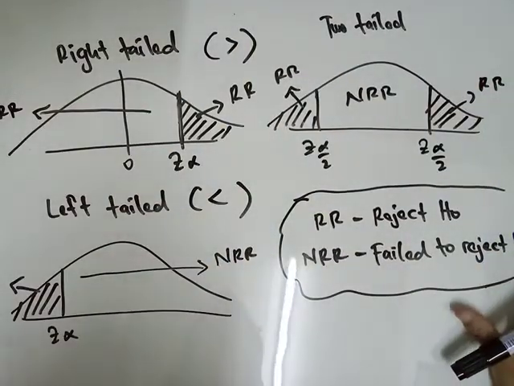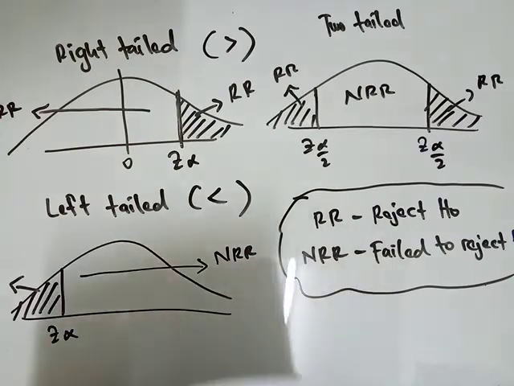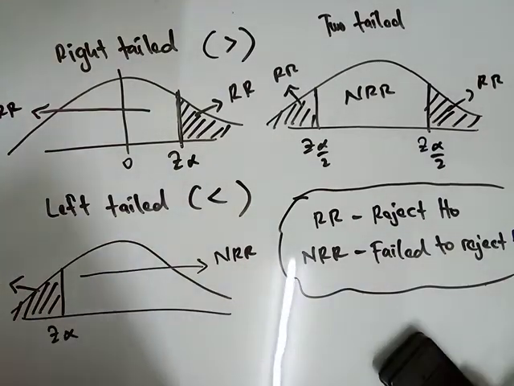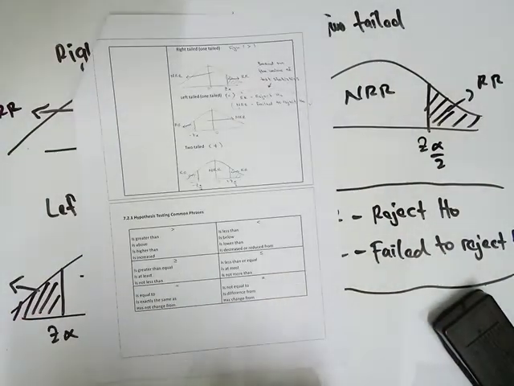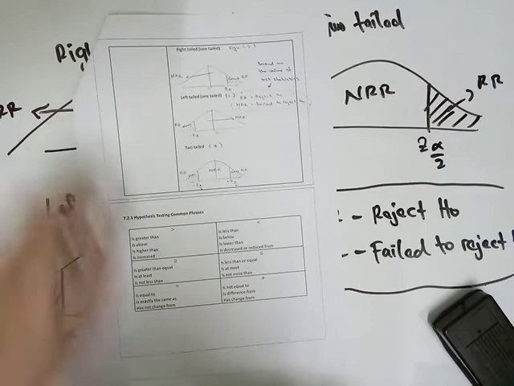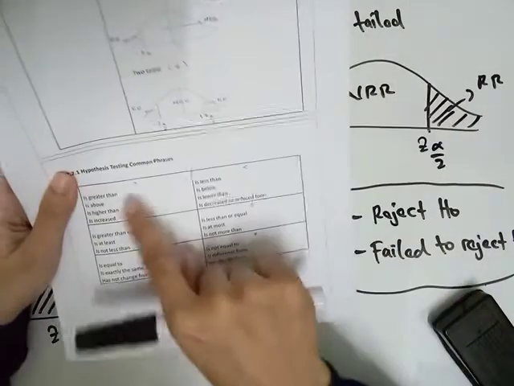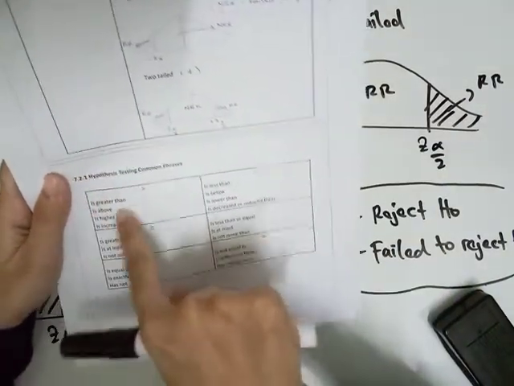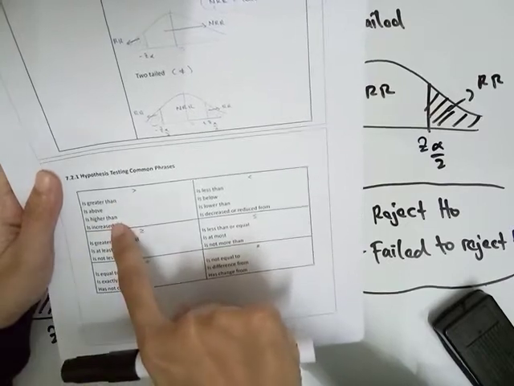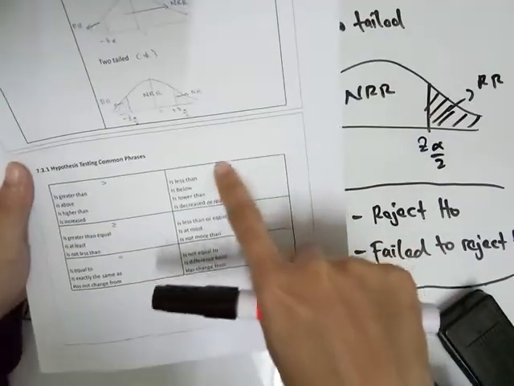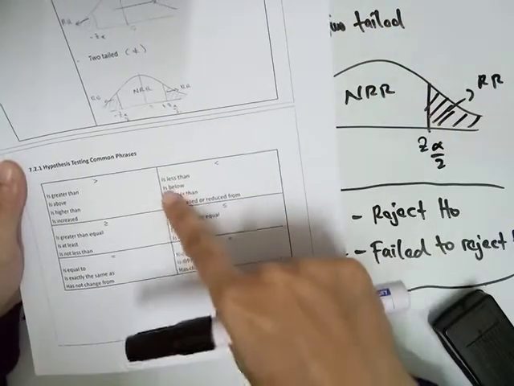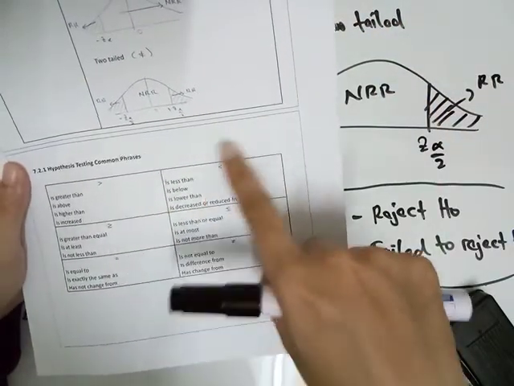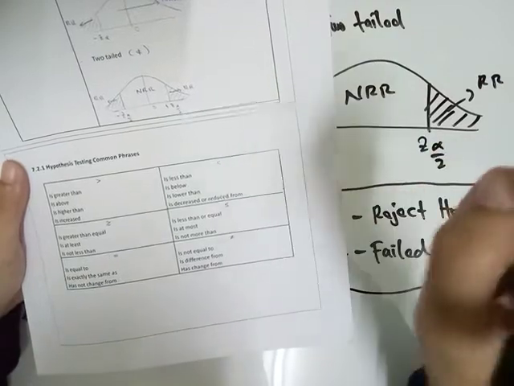Next, hypothesis testing common phrases. Okay, this common phrases ni macam ni kita nak tahu. You guys boleh baca sendiri. Kalau ada sign more than, macam mana ayat dia, is greater than, is higher than. Kalau sign less than, macam ni kita nak tahu ayat yang dibagi dalam statements tu. It is below, lower than, so we know that the sign is less than.